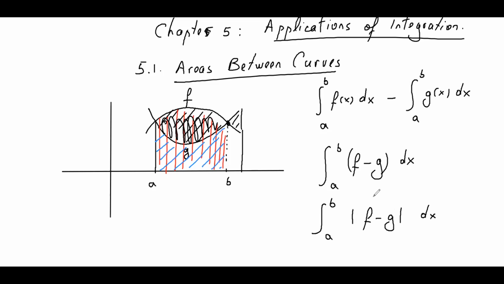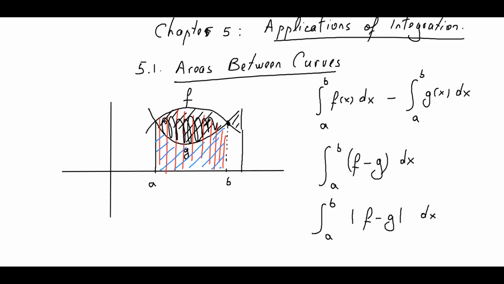So provided, folks, that you end up with the correct corner, so you figure out which one is on top and which one is at the bottom, the integral that we're looking at here is simply this.